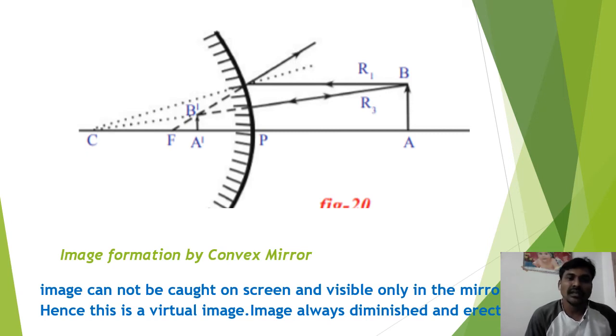At the meeting point, we get the image. Here AB is the object and A dash B dash is the image. We see the image is erect and diminished.